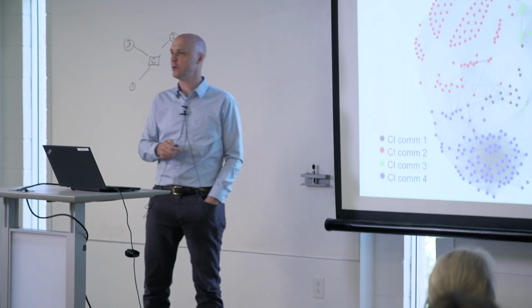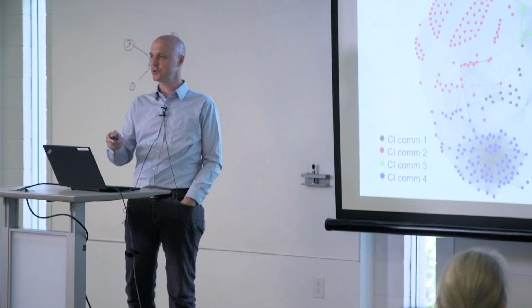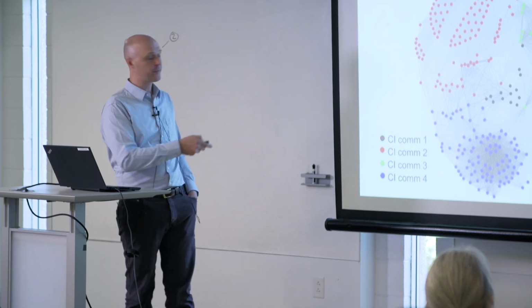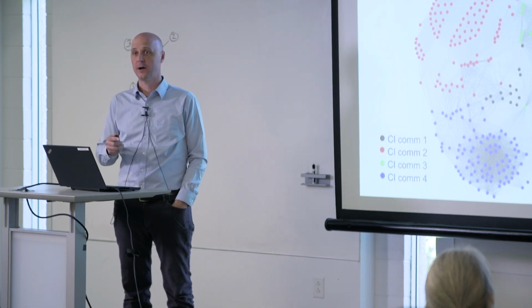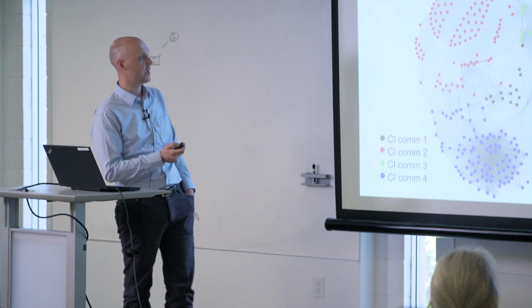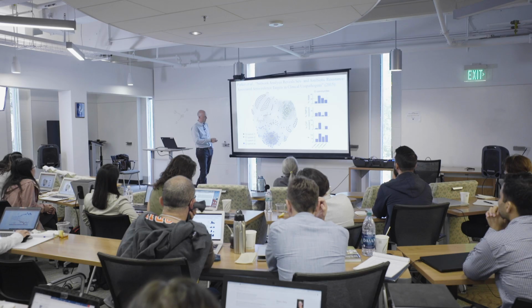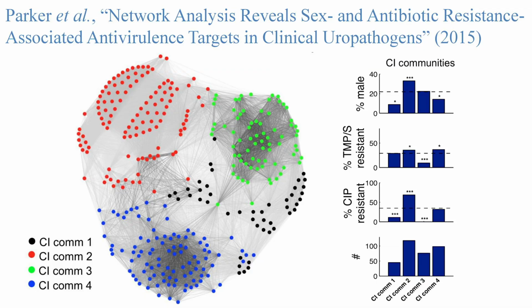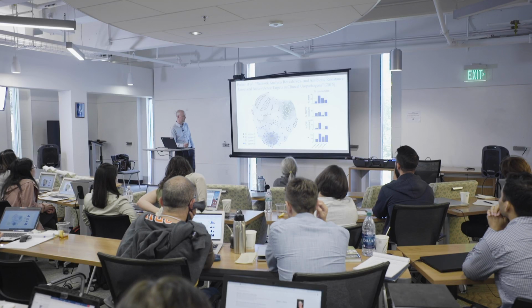So every one of the nodes in this diagram is a culture from one of 337 UTI patients who presented at this clinic in St. Louis. And the edges between them, the very dense but weighted edges, are a measure of the similarity in their genetic virulence factors, looking at a very small handful of the conventional wisdom in the literature, heavily looked at genetic virulence factors.